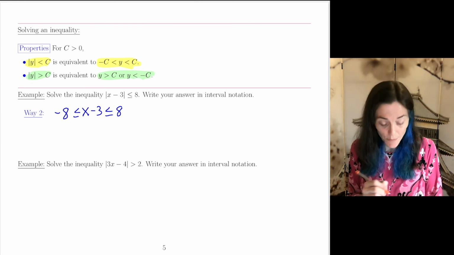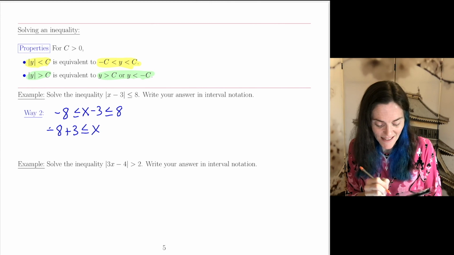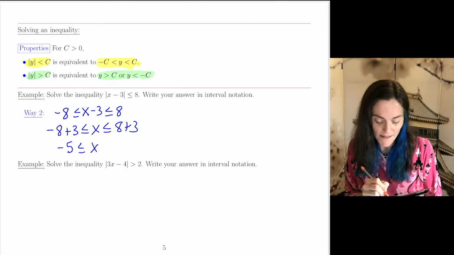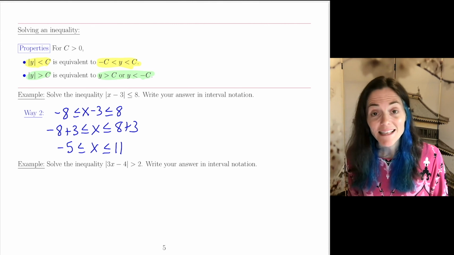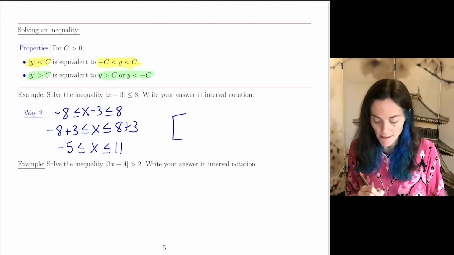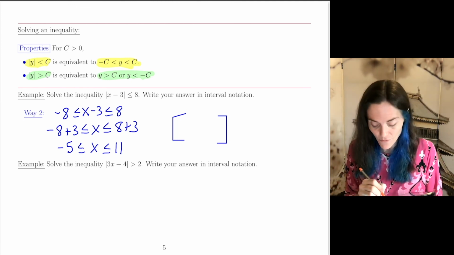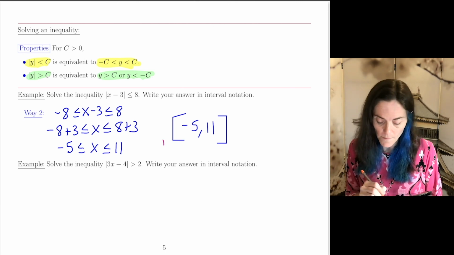Now, let's just add 3 to everything that we see. We would have -8 plus 3 less than or equal to x less than or equal to 8 plus 3. And this is -5 less than or equal to x less than or equal to 11. I can write this in interval notation. In fact, you will realize, hopefully, it's the same answer that we had before: -5 to 11, closed interval.